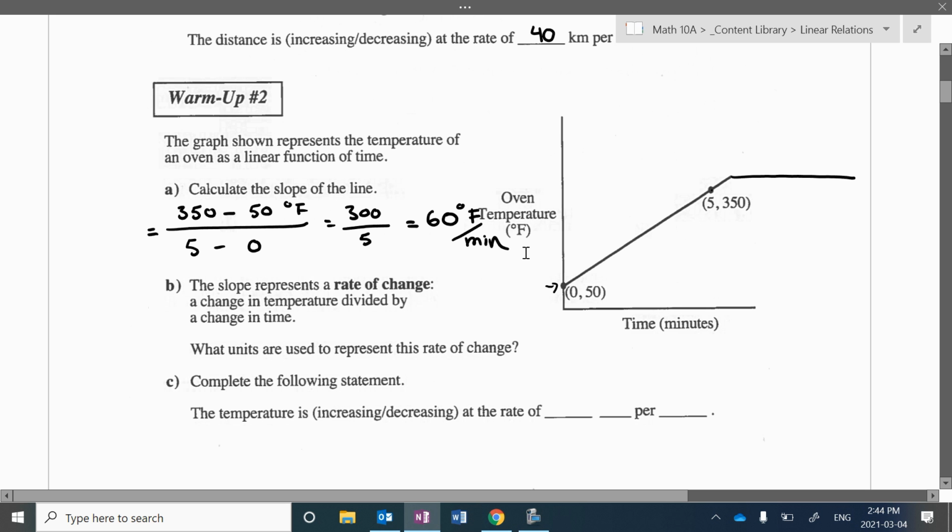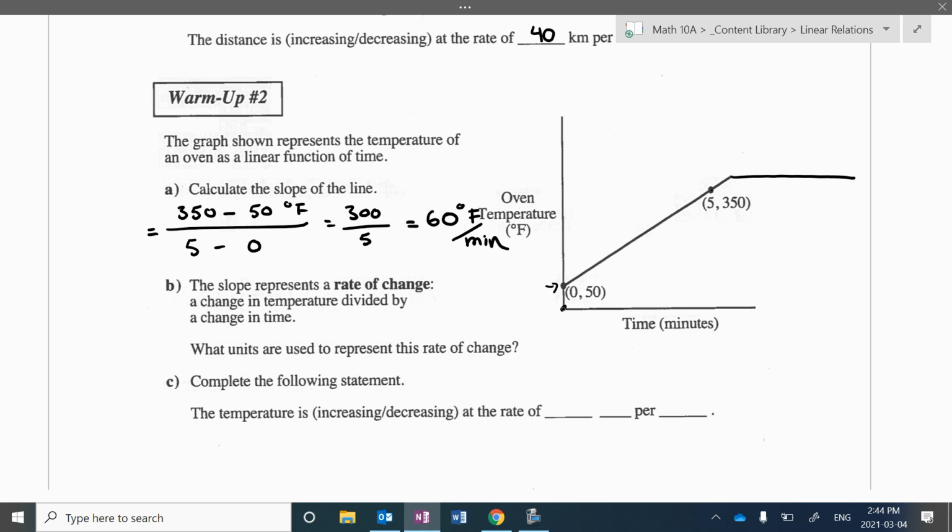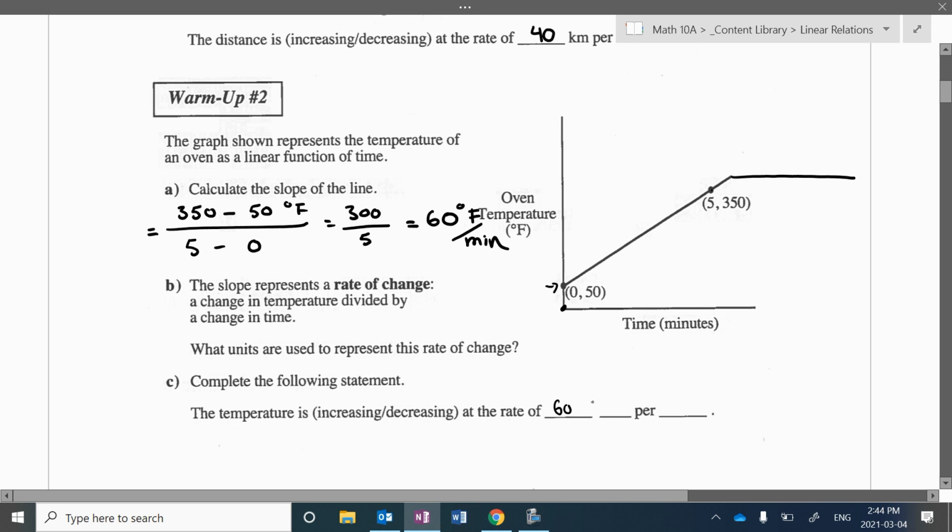So that's why it's not at 0, 0. But just generally, when you're calculating the slope, you can't just divide one over the other. Correct. Yes. I've kind of answered B and C within my first question. So it's 60 degrees Fahrenheit per minute is what it's getting at.